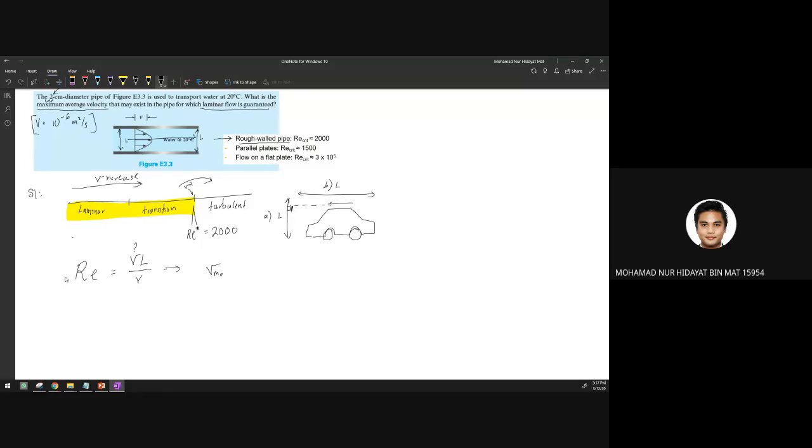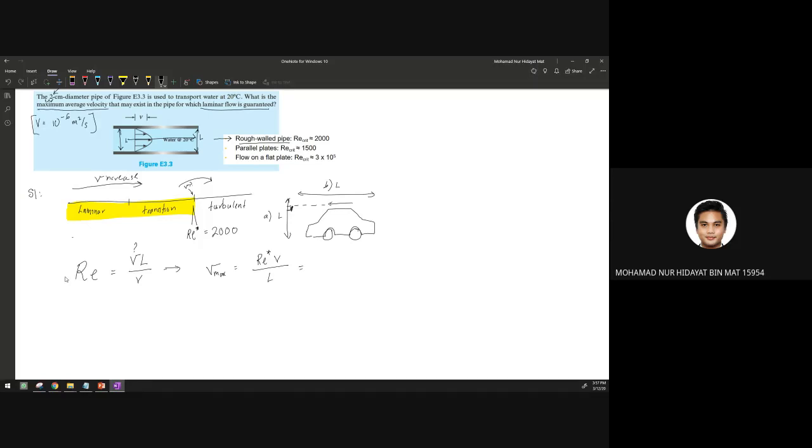This is the maximum. So for the critical Reynolds number, in order to get the maximum, we substitute the critical Reynolds number multiplied by the kinematic viscosity over the characteristic length.